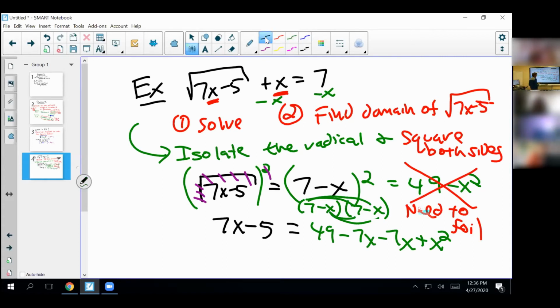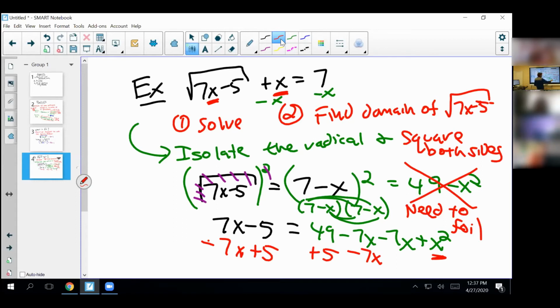So now we have this equation. It's a quadratic, but we want it equal to 0, right? So I'm just going to go ahead and do that. And you can see what we're going to get here.